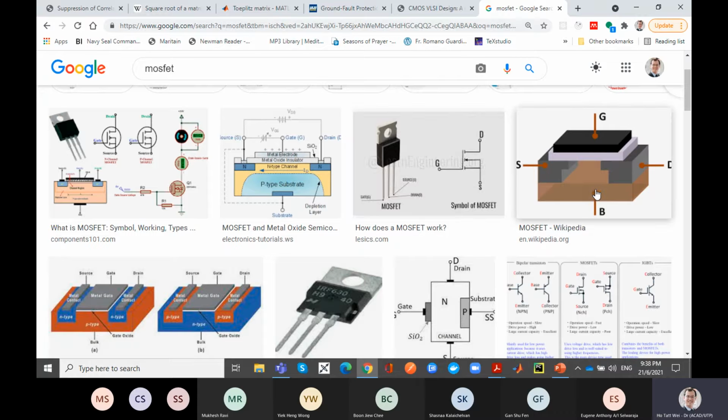But usually in the general case, the bulk is tied to ground. So it's a capacitance to ground here and a capacitance to ground here. So there is some stray, parasitic capacitance sitting here arising from the depletion junction, and from the gate to source, gate to drain.